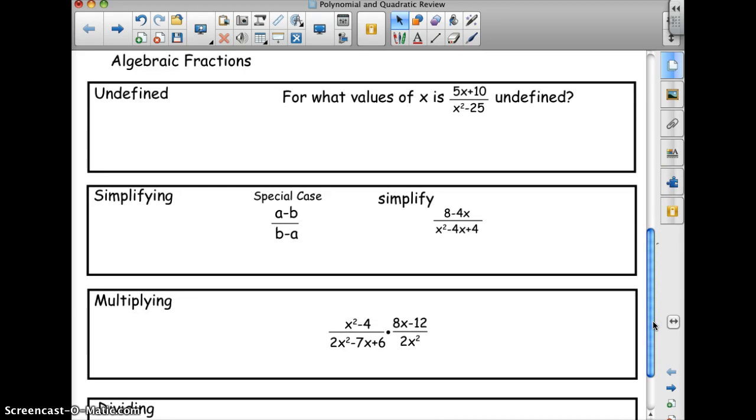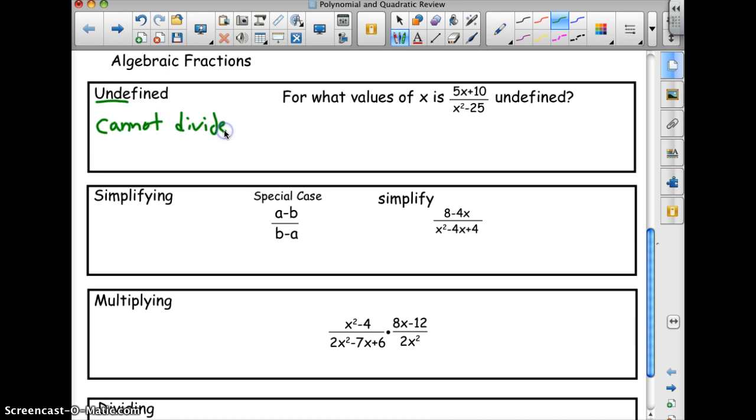All right, algebraic fractions. Undefined. And undefined almost has the word under in it. I mean, it starts the same way. All right, so what's going on under? Well, you cannot divide by 0. And that's really kind of what you have to keep in mind here. So I'm not really too concerned with what the numerator is.